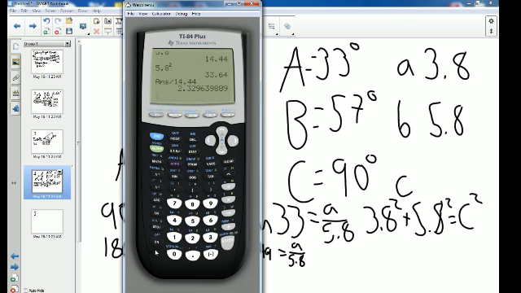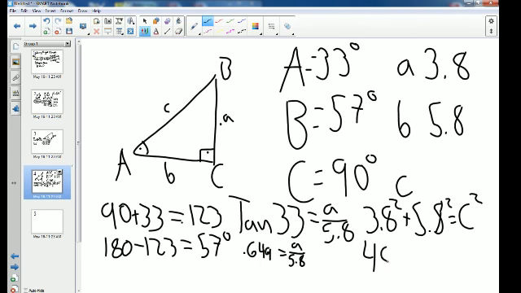That is, oops, I divided. So it's 33.64 plus 14.44. That equals 48.08. That equals c squared, and then we'll square root it to get rid of that square.